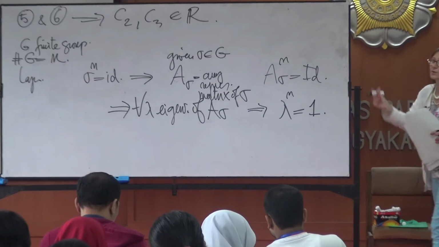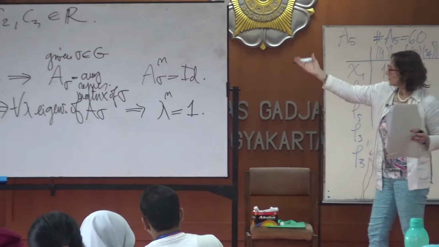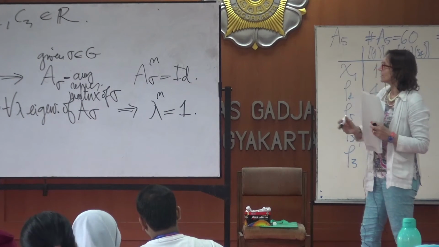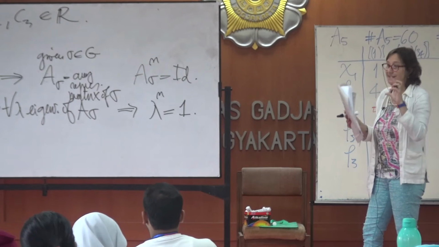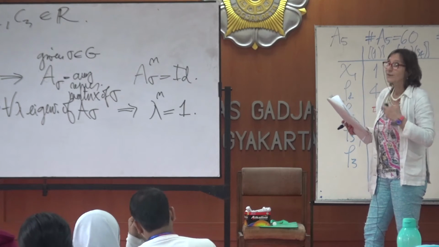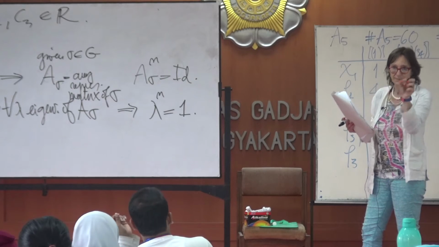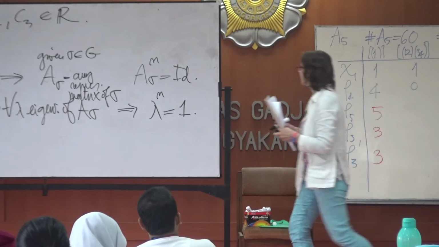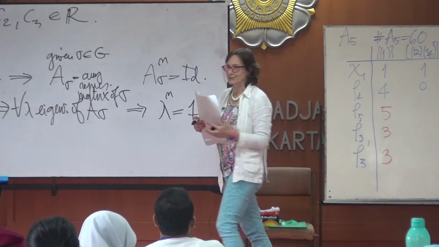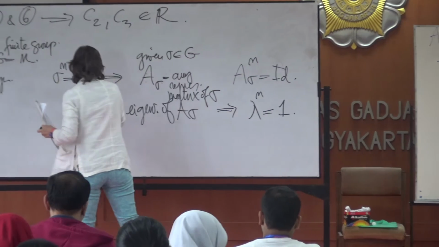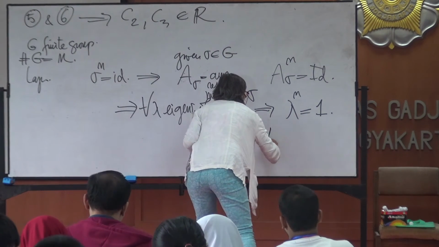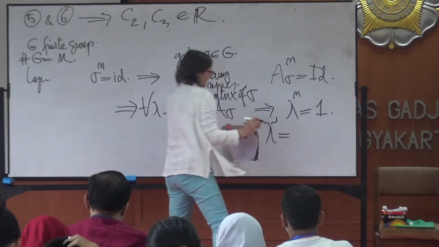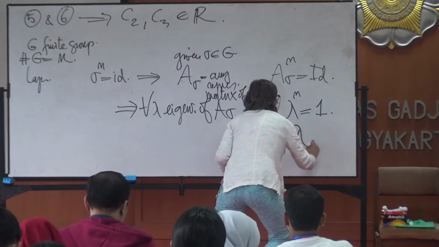So every eigenvalue of a representative matrix of a finite group is a root of unity. So it's a complex number whose conjugate is equal to its inverse. This means in particular that lambda inverse is equal to lambda conjugate.